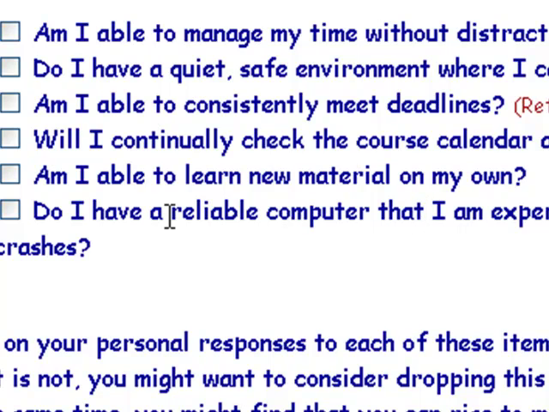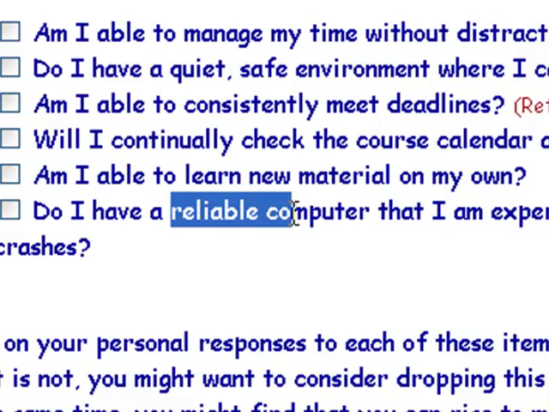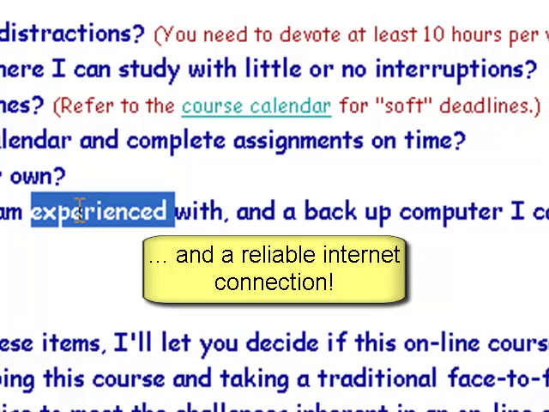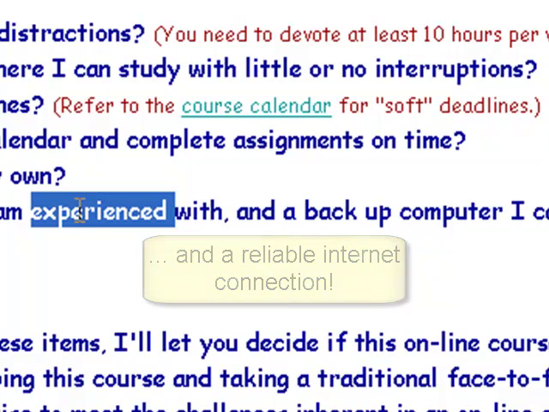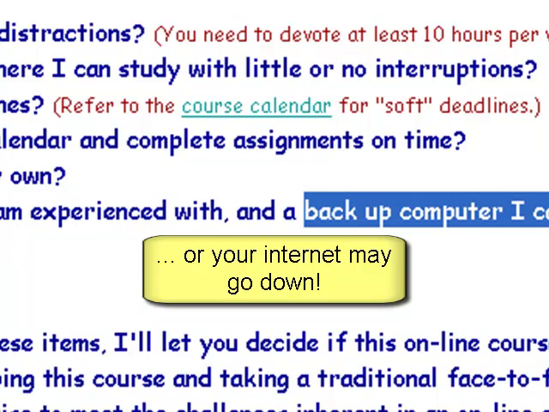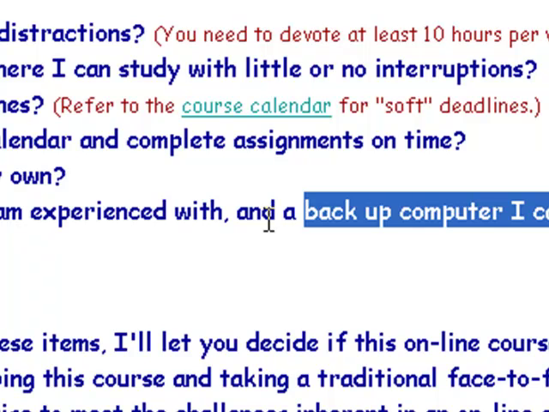Here's another one I want you to ask yourself. Do I have a reliable computer? One that I am experienced with. It does happen that computers crash sometimes, and you are without a computer for a week, or hopefully not, but possibly longer. And then the question is, well, if that's the case, do I have a backup computer I can use? Maybe a friend's computer, or a relative, or maybe go to the library or whatever.